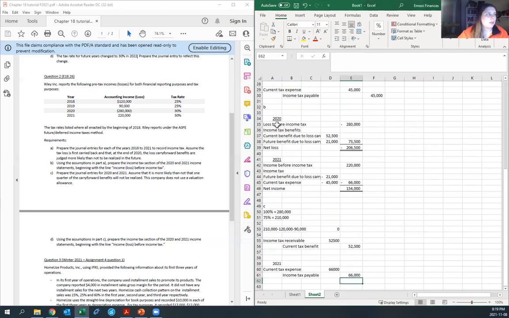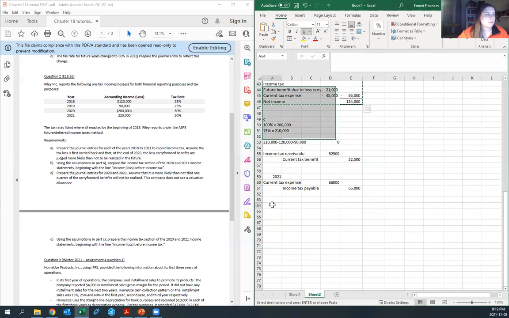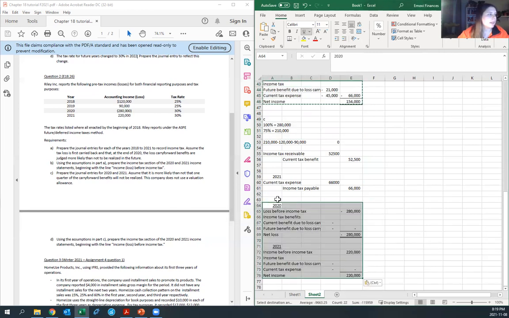And for 2020 and 2021, that's D, by the way. Sorry, I jumped. For D, they want you to do again the income statement. So your loss before income tax for 2020 is $280,000. Current benefit due to loss carry forward is again going to be $52,500.